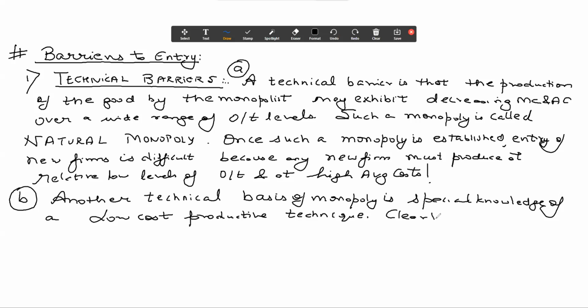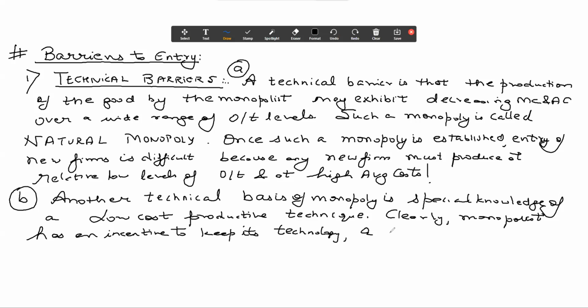Clearly, the monopolist has an incentive to keep its technology a secret. A monopolist has an incentive to keep its technology a secret. So this is another technical barrier.